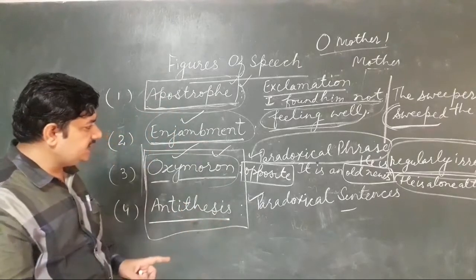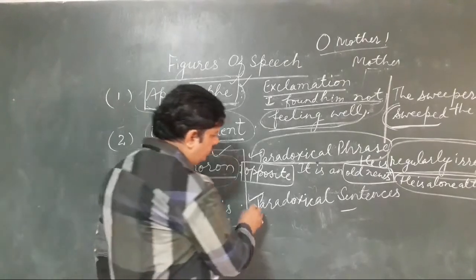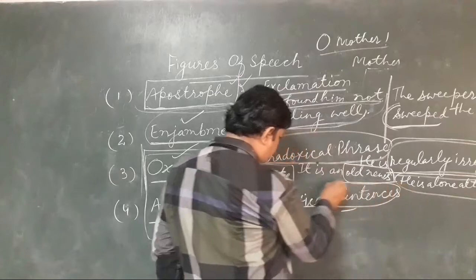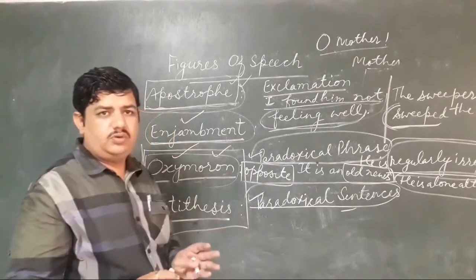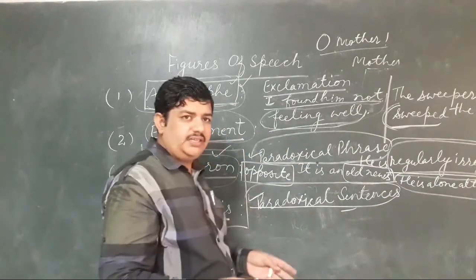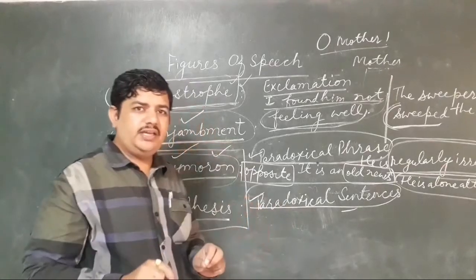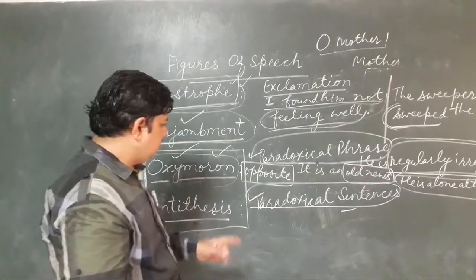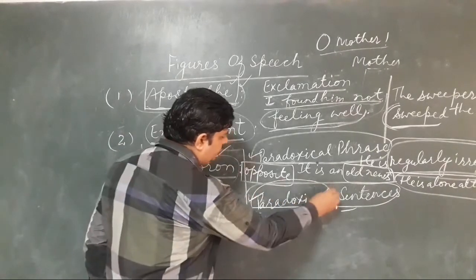In antithesis, we use sentences, two different clauses. There are two parts of a sentence and they are used in a way that a paradoxical situation is created.